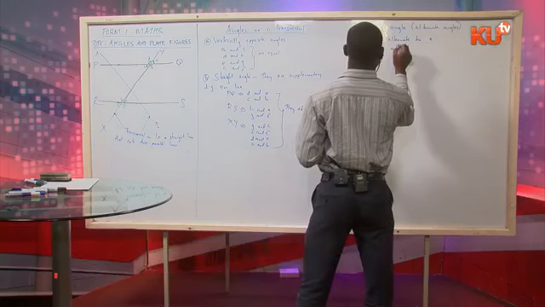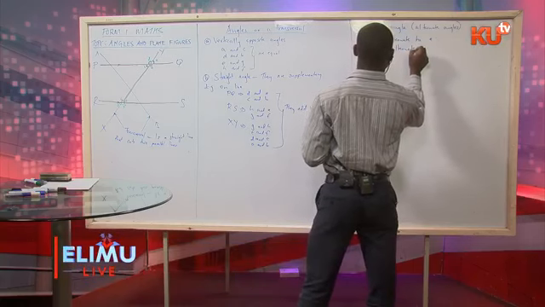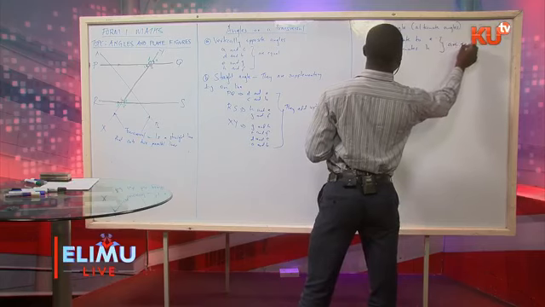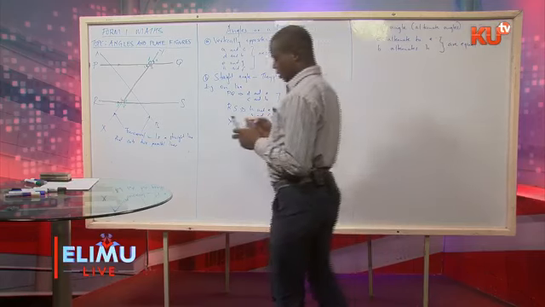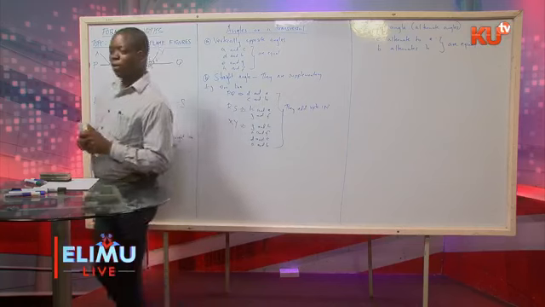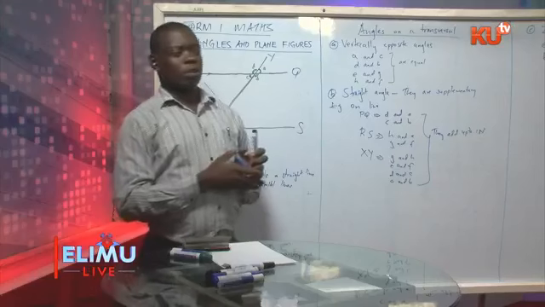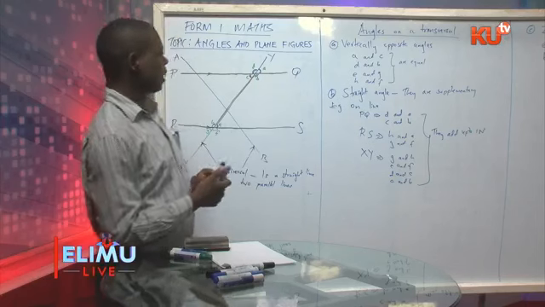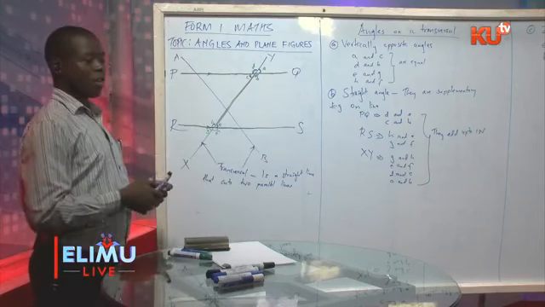So B alternates H. And alternate angles are always equal. The rule is that for all alternate angles, they are always equal. So when you summarize the alternate angles, they are in the Z letter, then we say that those angles are equal.